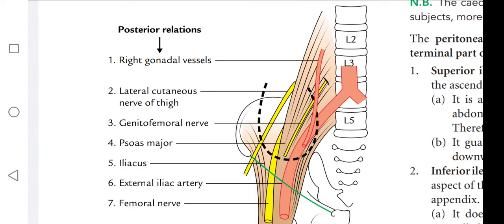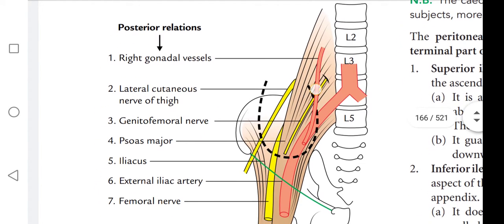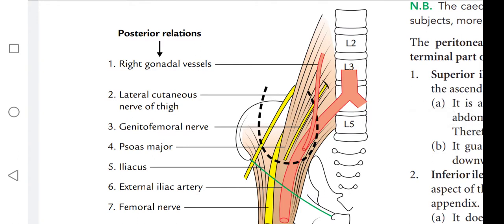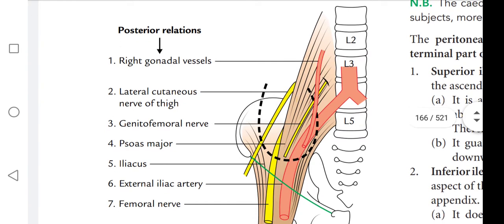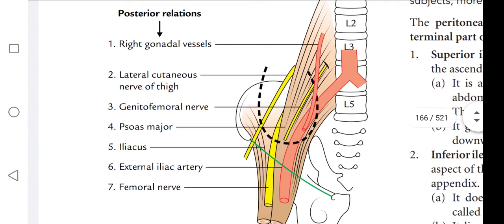Next is the genitofemoral nerve, which comes in front of the psoas major muscle. Next nerve is the lateral cutaneous nerve of thigh.